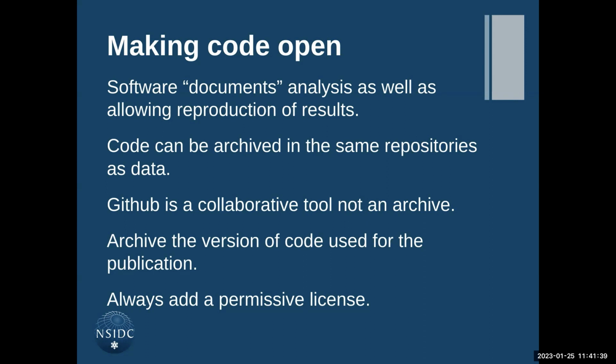And you need to add a permissive license to software. The only way that science can be open, the only way that people can reuse your work is to know what the restrictions are on using that. And permissive licenses, where you allow people to copy, modify, and reuse code, is the way to do that. And one thing that license says is that you can do anything to that code, but you have to give me credit for using it.